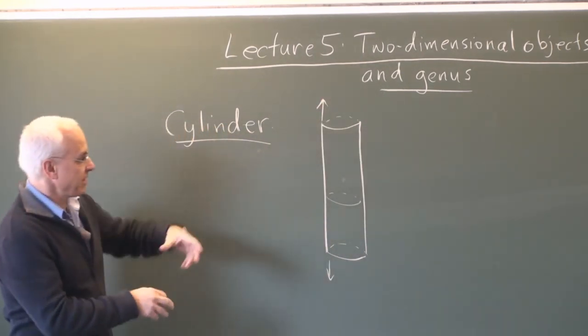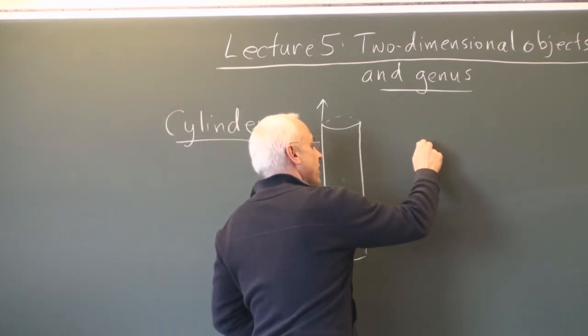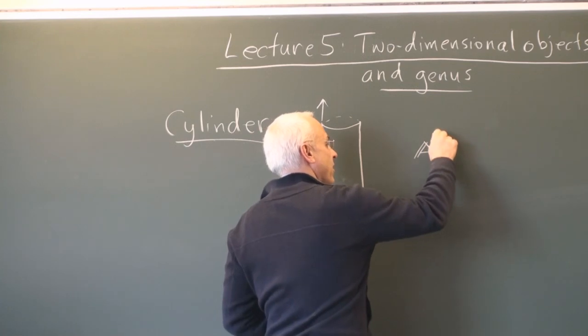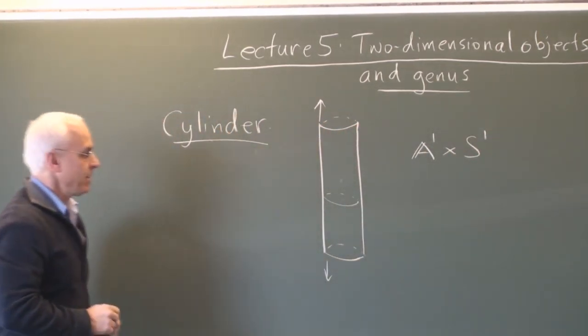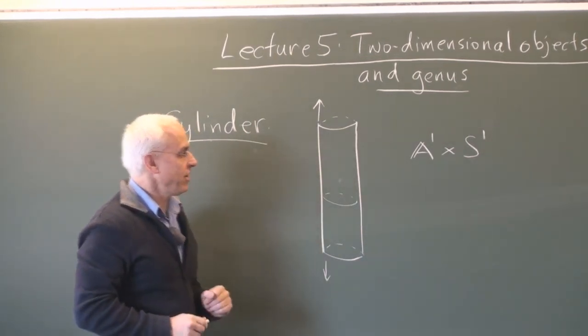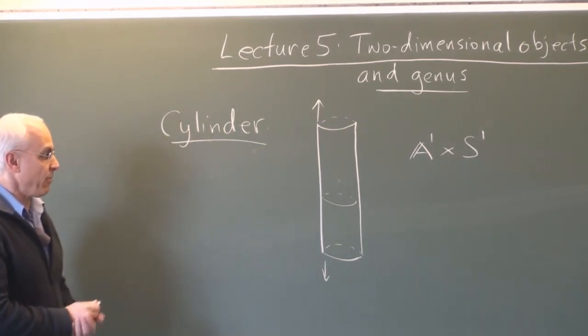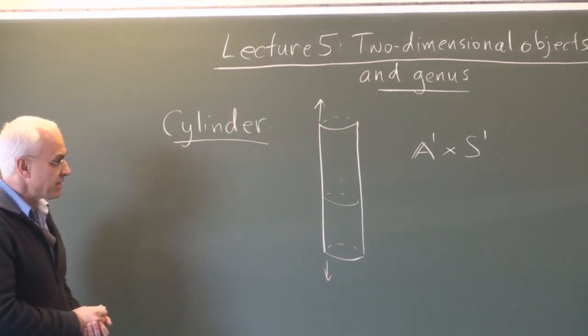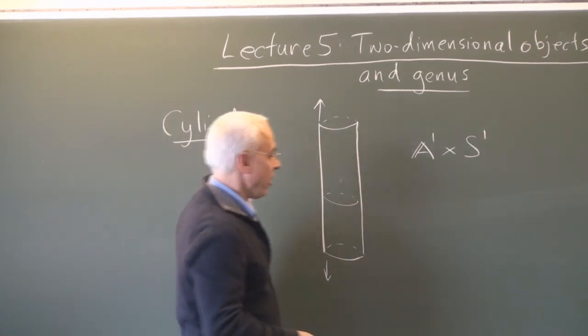So it's a cylinder which is topologically a line across a circle. There's the line direction, and there's the circle direction, and this is our cylinder. We won't give it a separate name. Now sometimes we're also going to be interested in a variant of that where we actually chop it off.